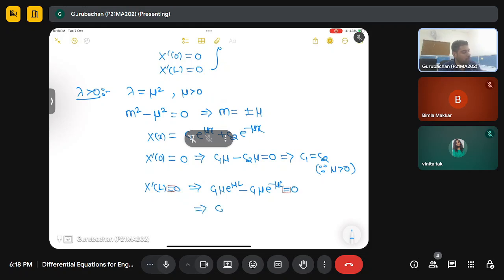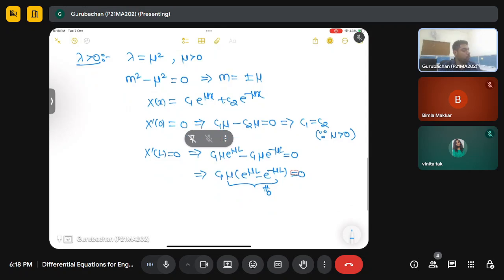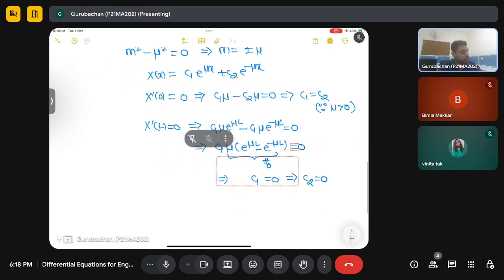From here, C1 μ e to the power μL minus μL is 0, and this quantity is a non-zero quantity for every L or μ. So this will imply that C1 has to be 0, and if C1 is 0, then C2 also has to be 0. That means X(x) is 0 for all x.